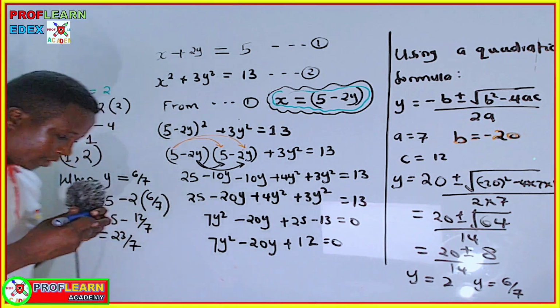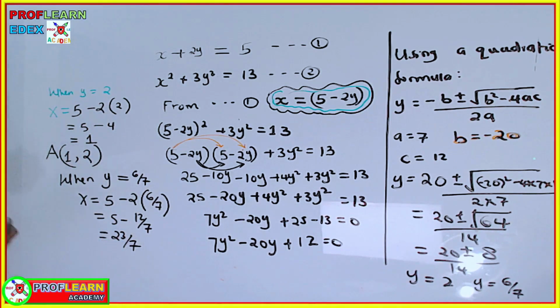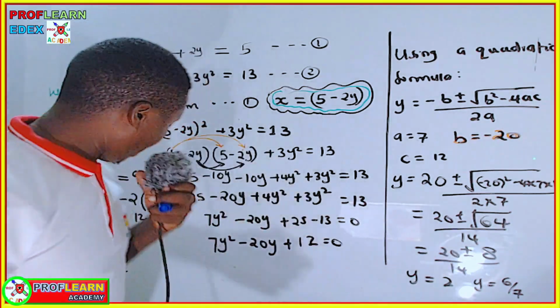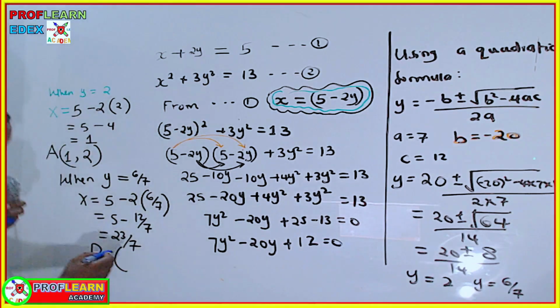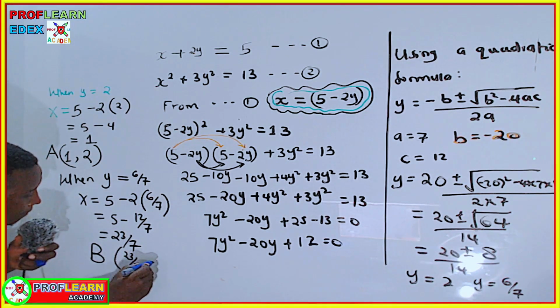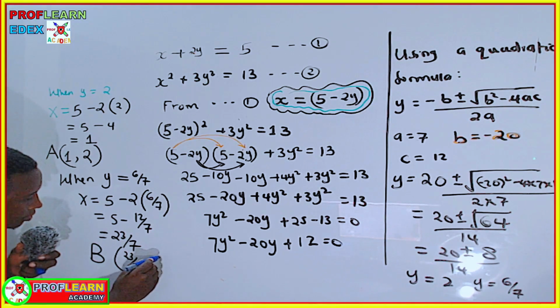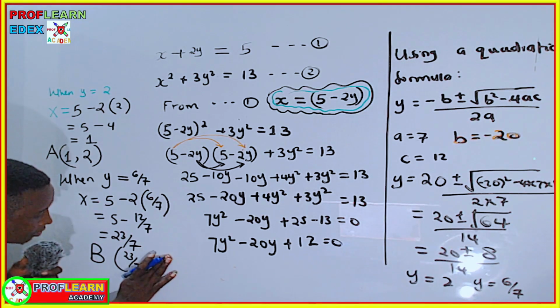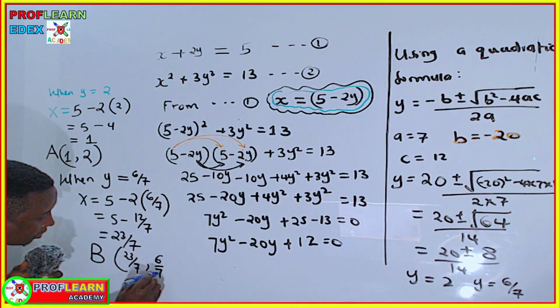All right, so once you have this, we are going to say the coordinate of B, the second coordinate. Let me check whether you are able to see the point I'm writing. The coordinate of B is going to be, already we have the value of x, 23 over 7, comma, 6 over 7.